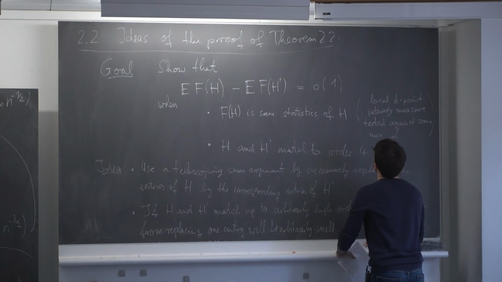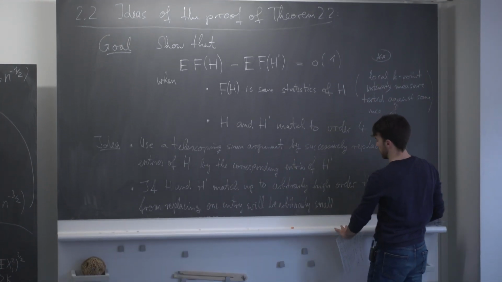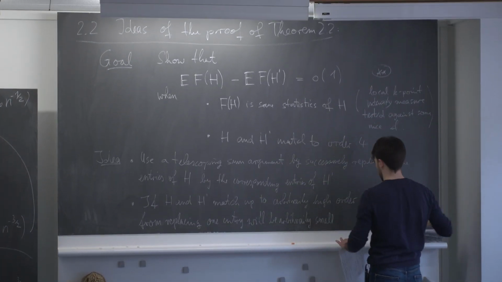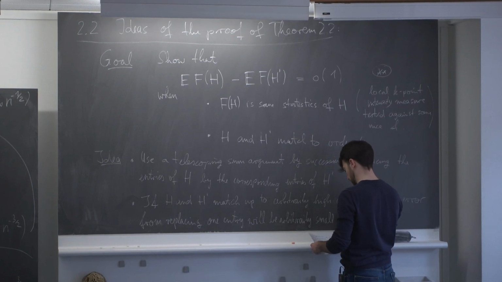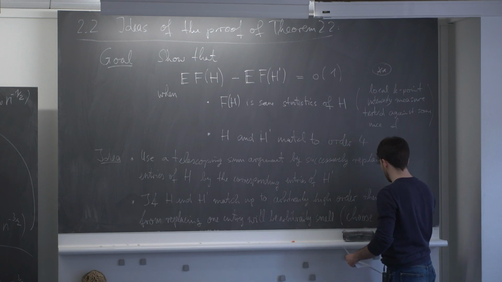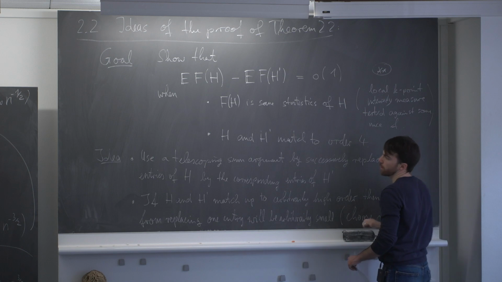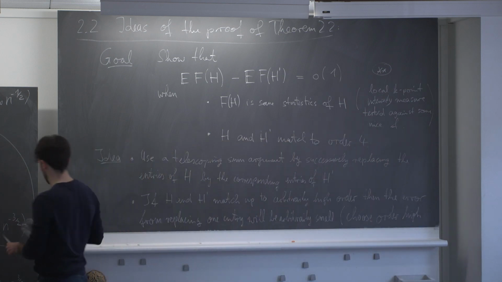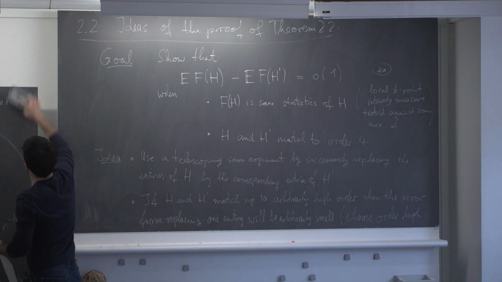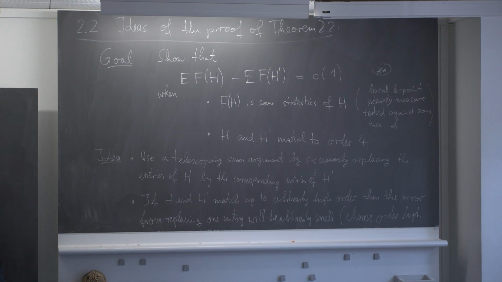And then we want to choose, call this double star. Well, I guess I need some more space. Choose the order high enough such that in this expansion up there we get a little o of 1.